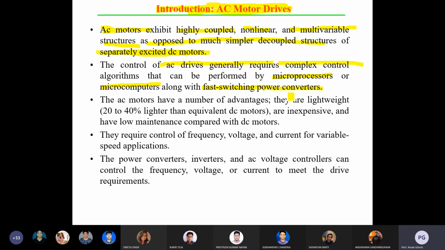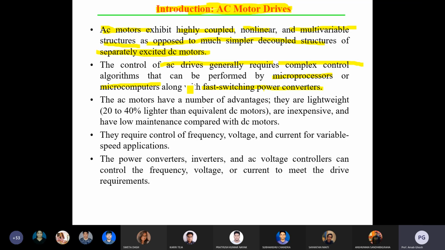Whether it is an AC motor or a DC motor, the entire philosophy is simple. The rest depends on your controlling technique, and for which motor which type of technique is required.